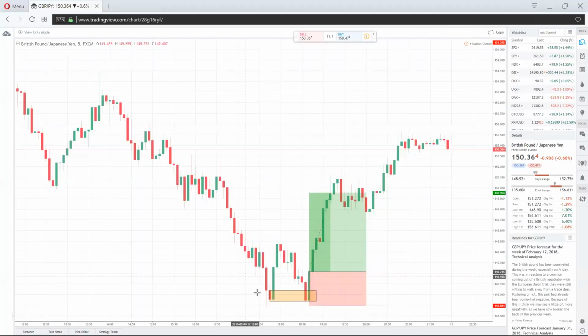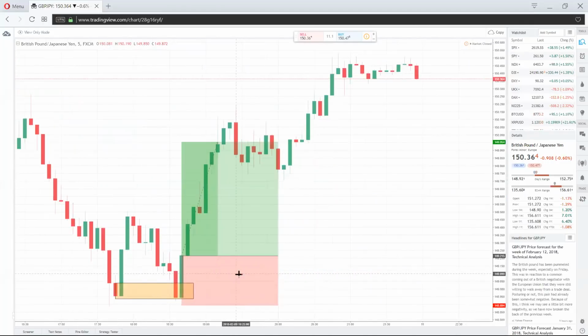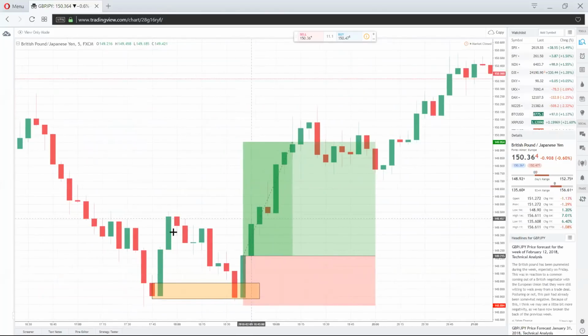Like, let's say, look at this trade here. This is a lovely example of an imbalance. Look at this push away from this zone. Price came and formed this zone and pushed out, okay? Price pushed out strongly and then came back. Then when it came back, it pushed out again.